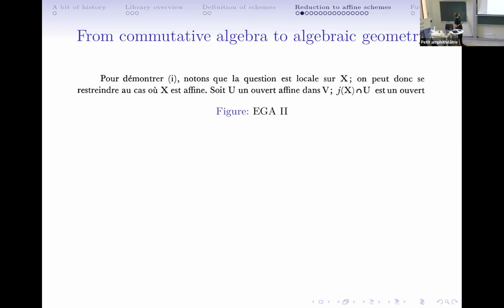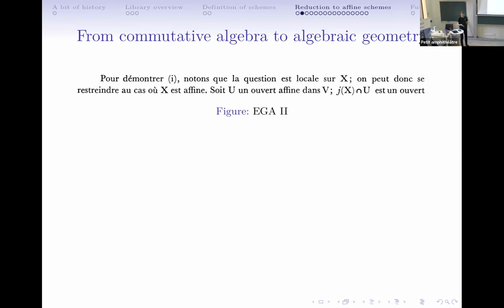tricky. And just to give you some idea of how this looks in the literature, because we're in France, I picked an EGA quote. I translated it for the people that don't speak French. Let us note that the problem is local on X, so we may restrict ourselves to the case where X is affine. That's a very nice proof and a very nice introduction to the proof.